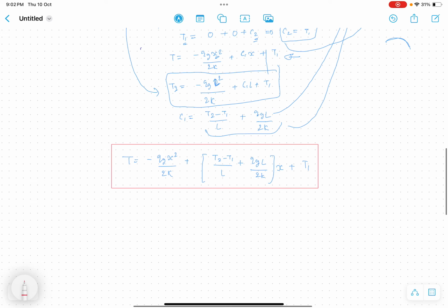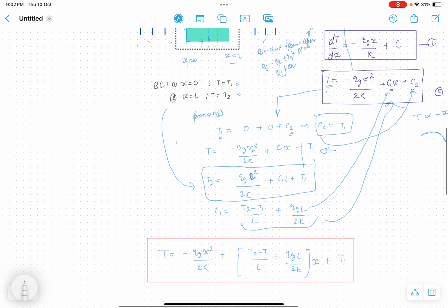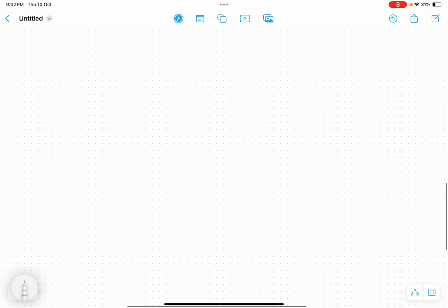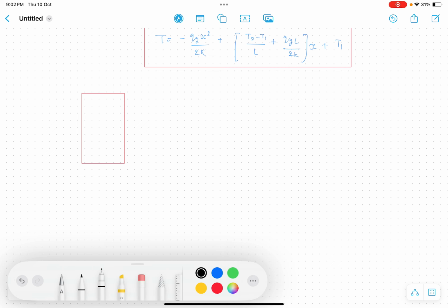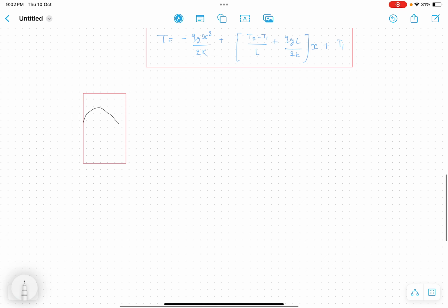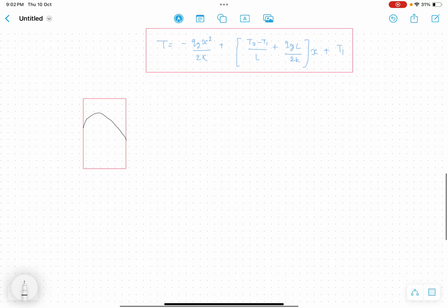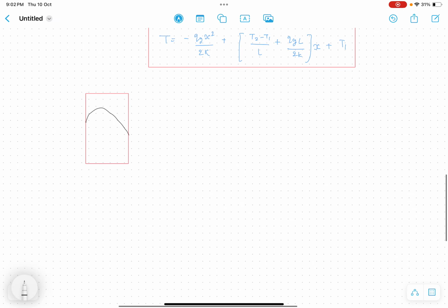Right, so the temperature will look like this temperature profile if we plot it on this graph in this body. So it will look like this. Maximum temperature, we don't know where the maximum temperature will occur. It is a downward facing parabola, and how?